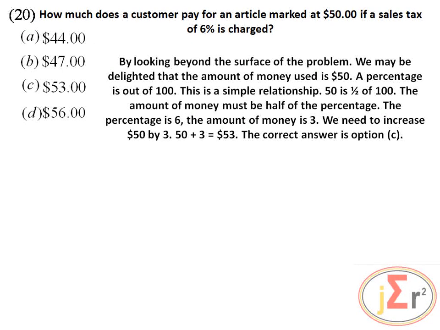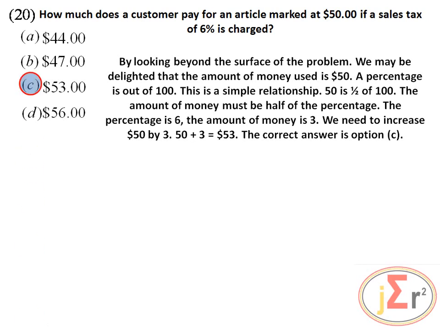This is a simple relationship. We have 50 is a half of 100. The amount of money must be half of the percentage. The percentage is 6. The amount of money is 3. We need to increase $50 by 3. 50 plus 3 is 53. The correct answer is option C.